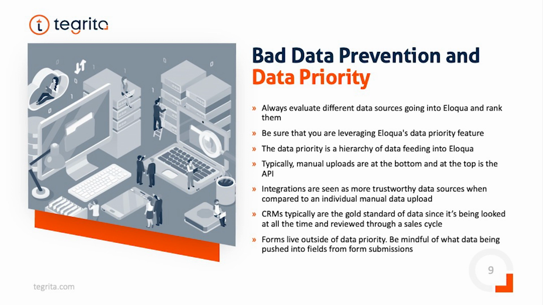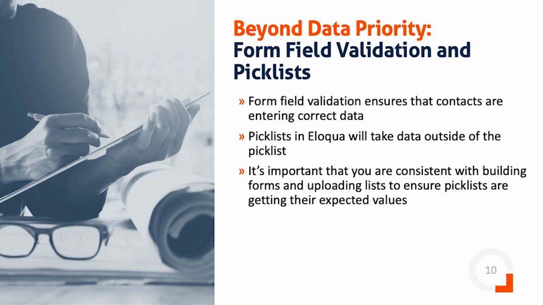All right, so then next up, beyond the data priority, you also can leverage things like form field validation, not to be overlooked. And also keep in mind that Eloqua pick lists are just text fields underneath, right? Or whatever data type you use, typically text. They will still accept values that are given to them because of that.